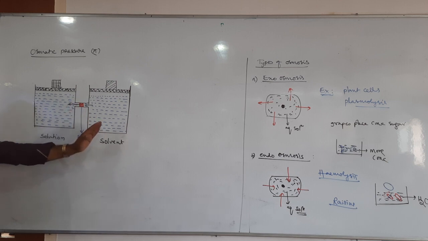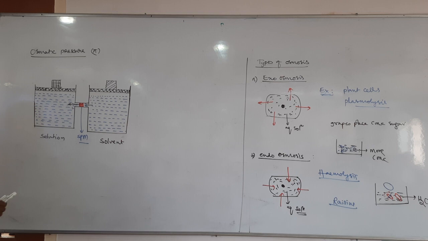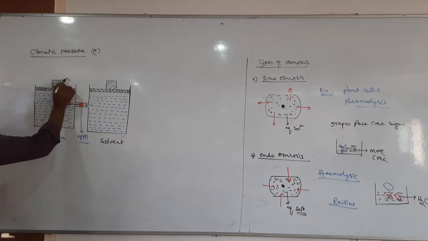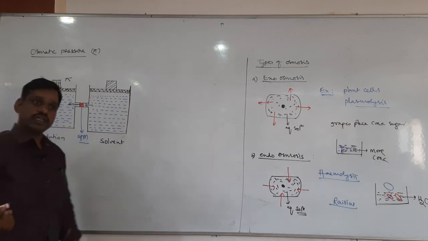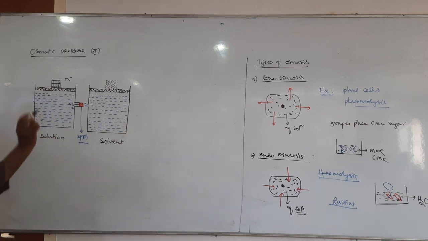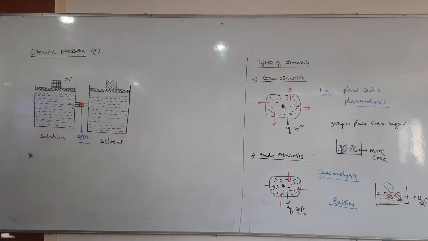That pressure, let us take pi, is called osmotic pressure, and osmotic pressure is a colligative property. We also know that dilute solutions behave like ideal gases, as observed by Van 't Hoff.